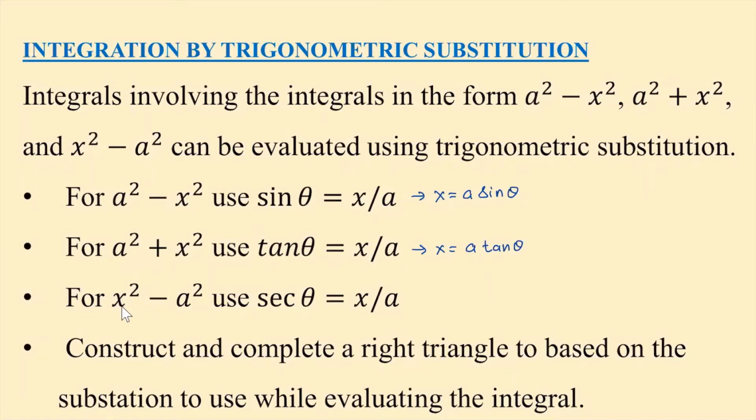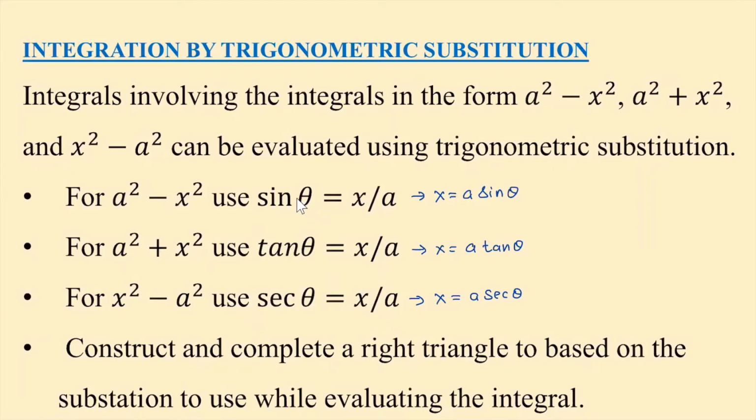And for the integral involving x squared minus a squared, we can use secant theta equal to x over a, which is the same as x equal to a secant theta. Now, when you look at these three substitutions, you can see sine equal to x over a, tangent equal to x over a, secant equal to x over a. So for all x over a, we either use sine or tangent or secant.